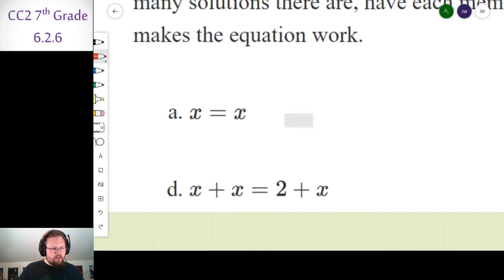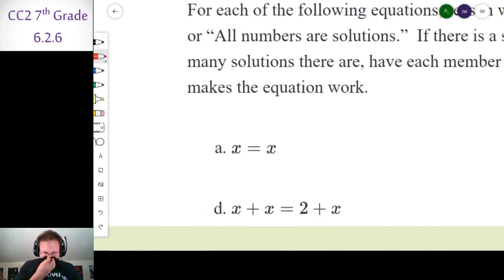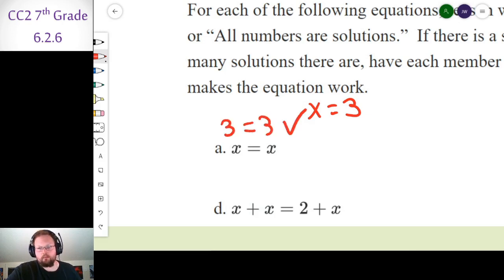If you are given the equation x equals x, and I ask you, tell me a value of x that works for this equation, an x value that gives you a true answer, you might say, what if x equals 3? Does 3 equal 3? Yeah, that checks out. What if x equals 10? Yeah, 10 equals 10. That checks out as well.